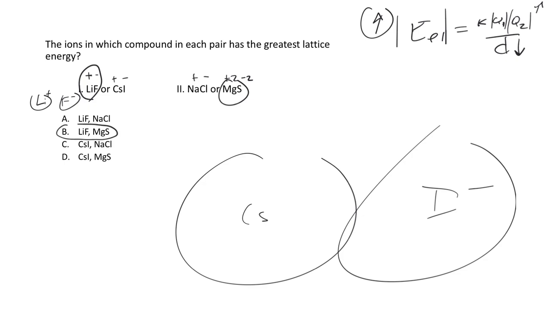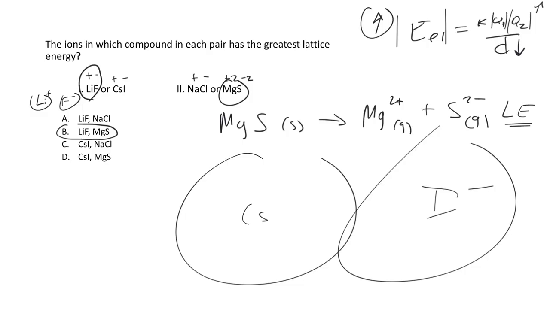And then remember your lattice energy is the energy associated with the solid ionic compound turning into gaseous ions, where these are gaseous. So it gives you a measure of the ionic bond strength. So the energy of this equation would be equal to the lattice energy.